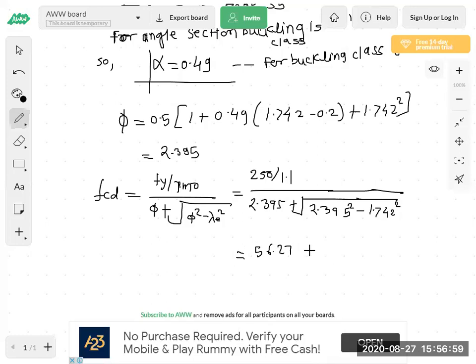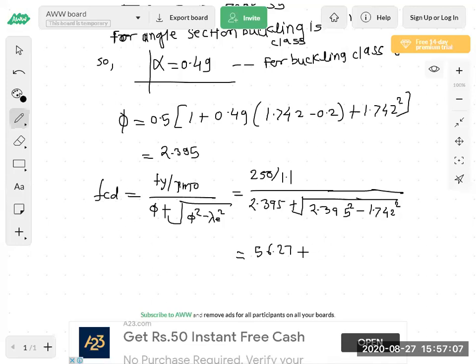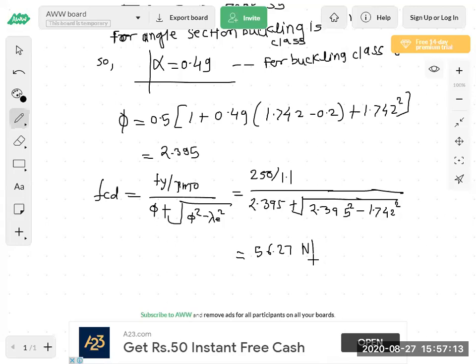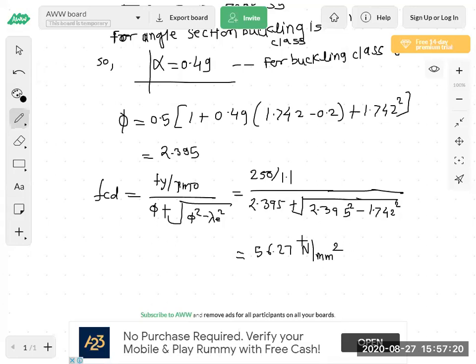56.27. Now this is the stress, the design compressive stress. So what is the unit for stress? Newton per mm square. Is this correct?